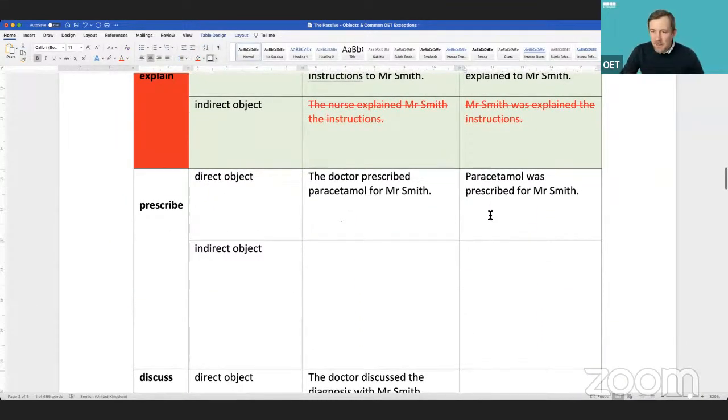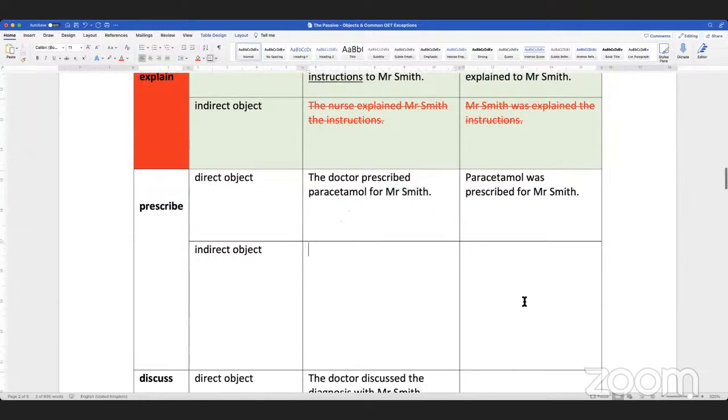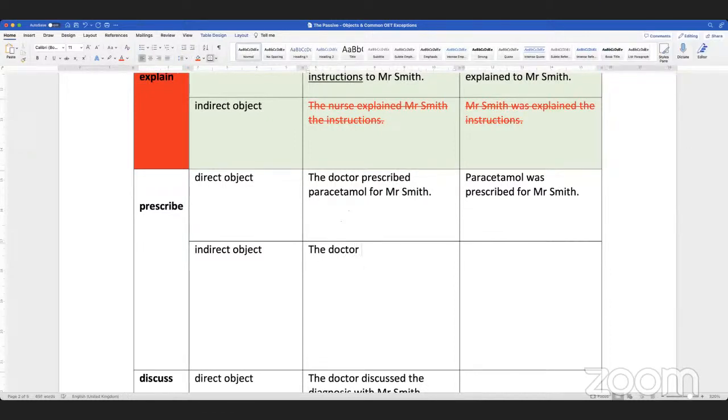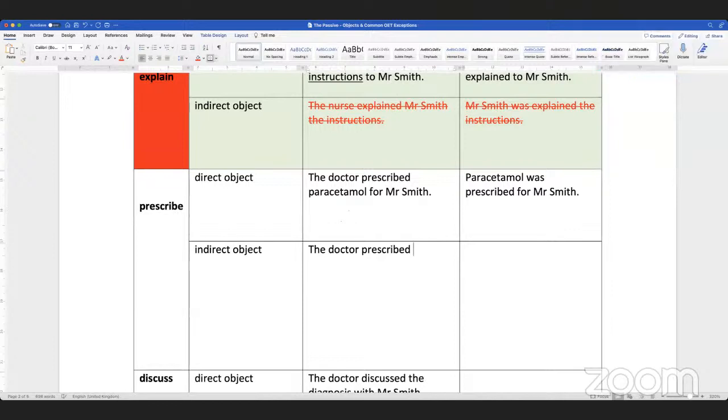The next thing we need to think is, well, can I use it with the indirect object? And Mariam, you just said the indirect object was Mr. Smith, didn't you? Yes. So if I wanted to do that in the active, I'd have to start with the doctor, wouldn't I? Because the doctor's the subject. I've got prescribed, that's the verb. Now, what would come next if I wanted to put the indirect object? The doctor to Mr. Smith.